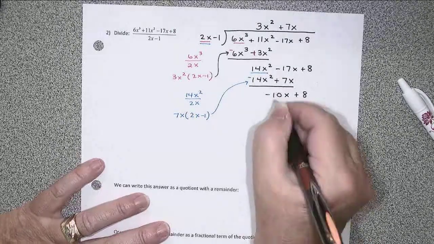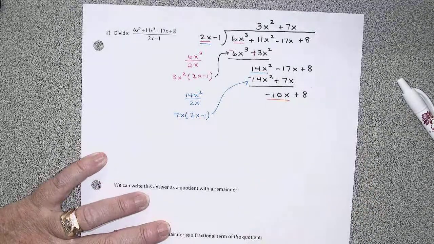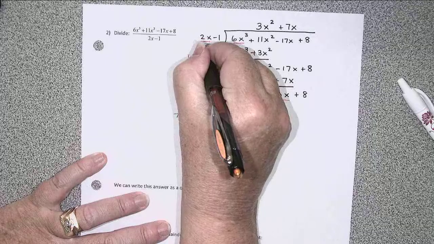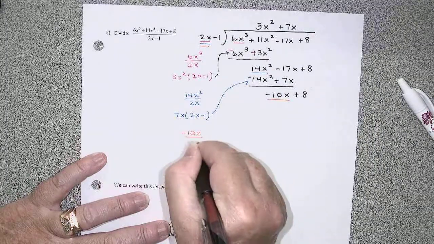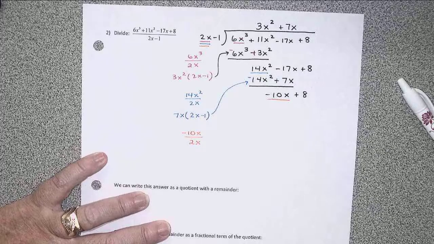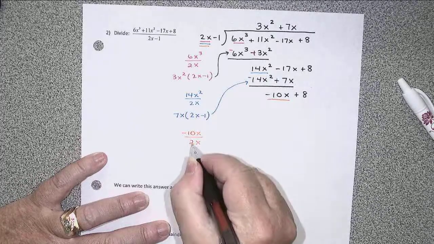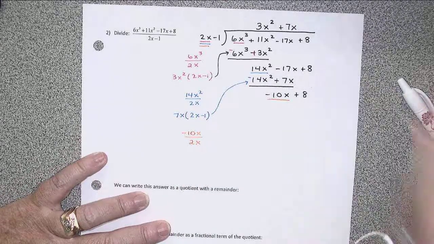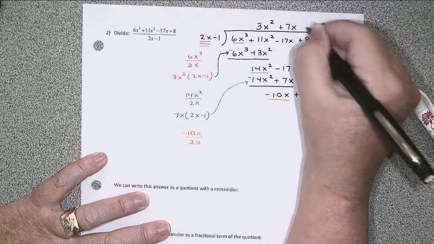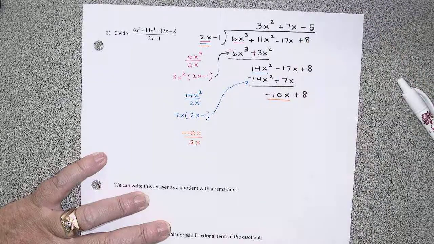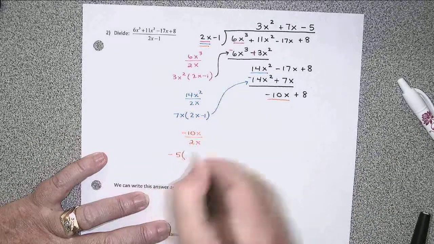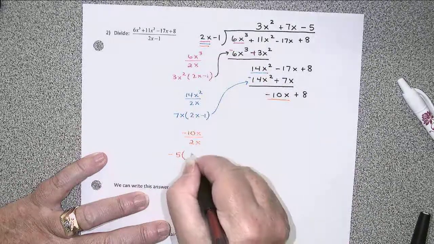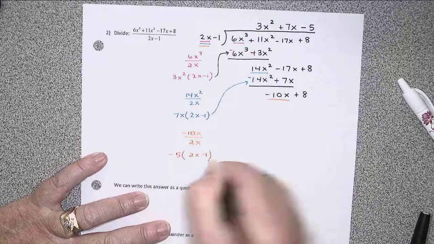We start over again. We take our negative 10x, divide it by that 2x. That'll give me a negative 5, and the x's just divide out. So just negative 5. I'll take that negative 5 and multiply it by 2x minus 1.